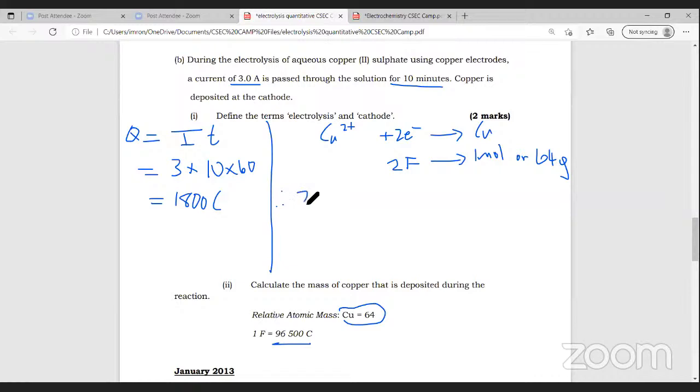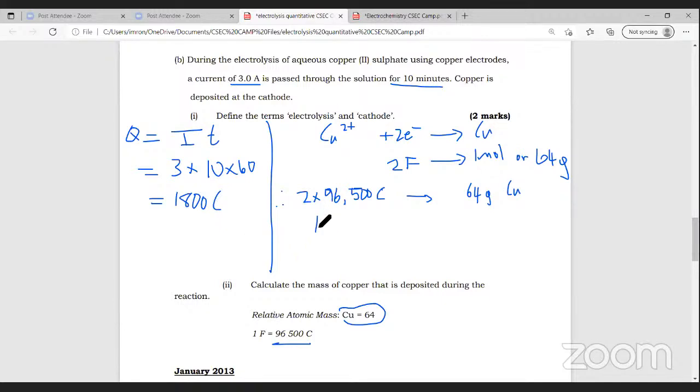Therefore, 2 times 96,500 coulombs is producing 1 mole or 64 grams of copper. Okay? But we only passed 1,800 coulombs.